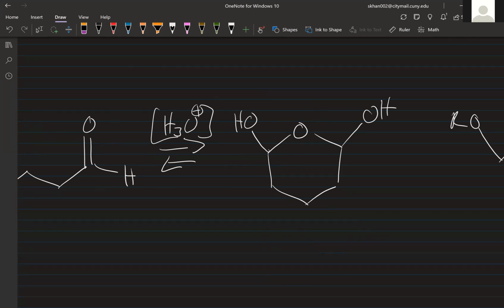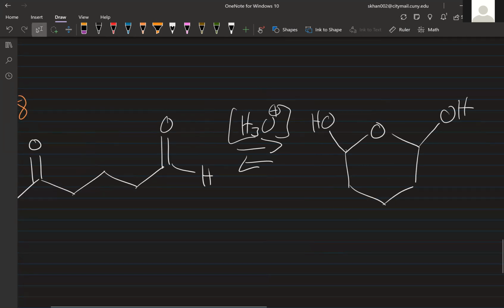And in terms of our reagents, we only have H3O plus, right? Now when we did alcohols, it was always acetals and hemiacetals here. But when you have water, when it's OH, OH, what is that called?